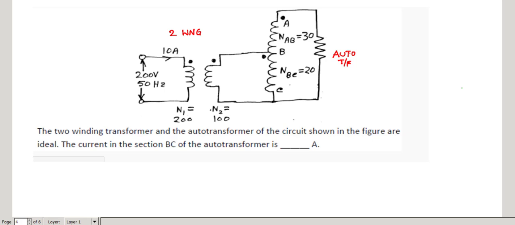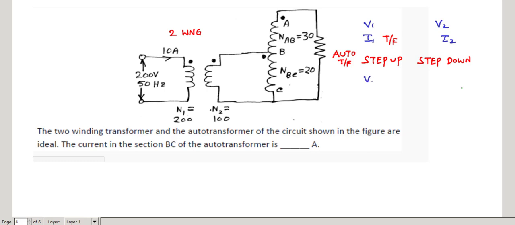So we know the basics of the transformer, that transformer is step up and step down. You have a step up transformer and a step down transformer, whether it is a two winding transformer or an auto transformer. Suppose I have input voltage V1, output voltage V2, input current I1 and output current I2.